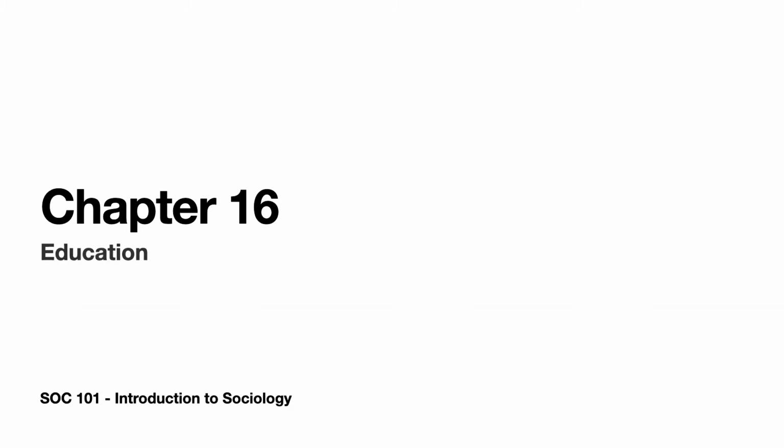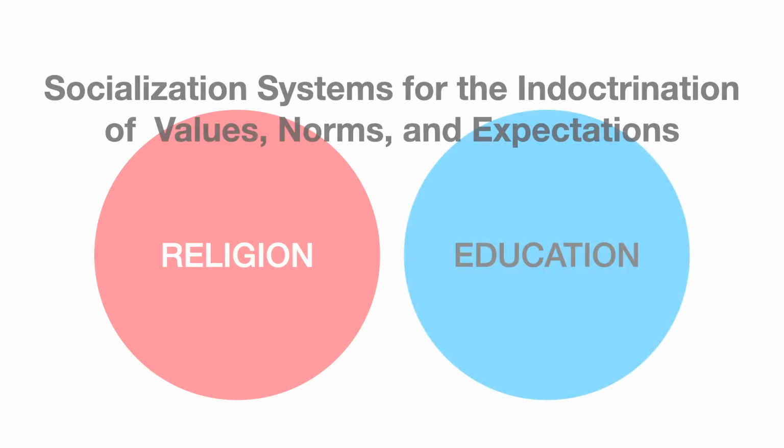I'm going to start off the same way. Here we have religion and education, both socializing systems for the indoctrination of values, norms, and expectations, and choice is involved. There's not a lot of choice. I mean, school choice has been kind of on the front burner, having some choices in that.